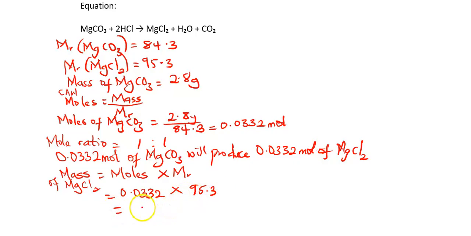If you use your calculator, you would arrive at 3.16 grams to 2 decimal places. Now, it is important for you to include your units whenever you arrive at your answer.